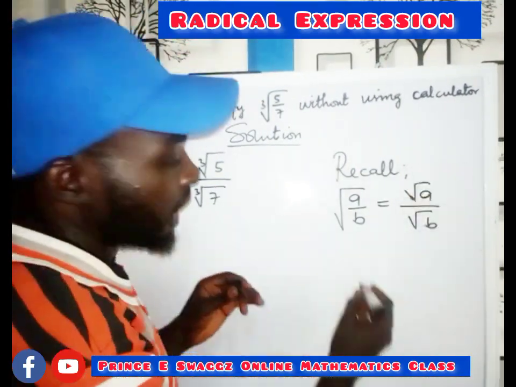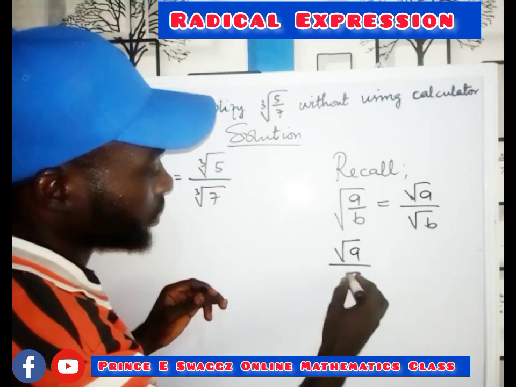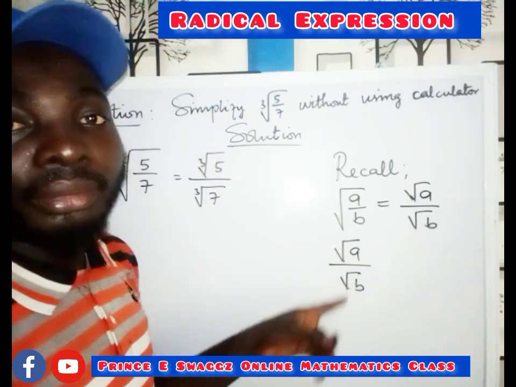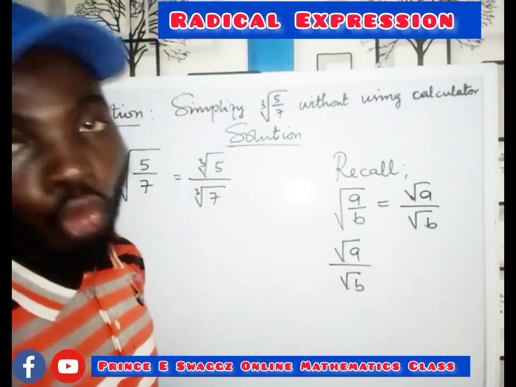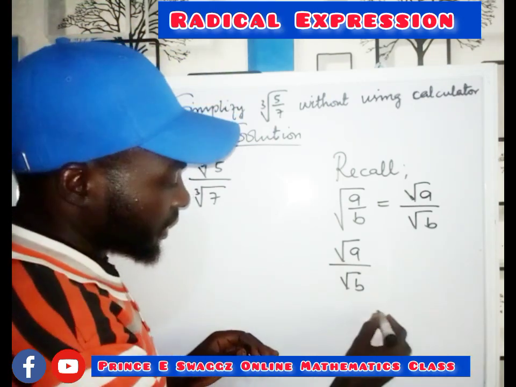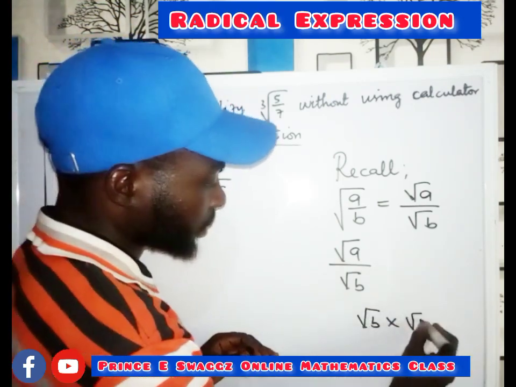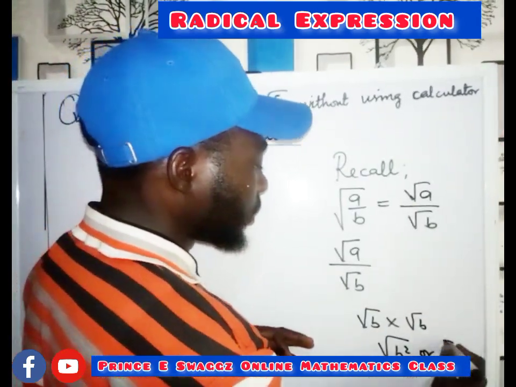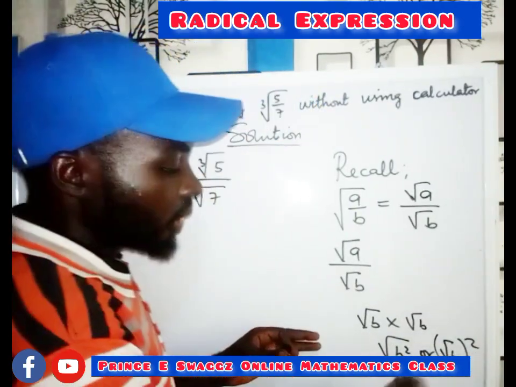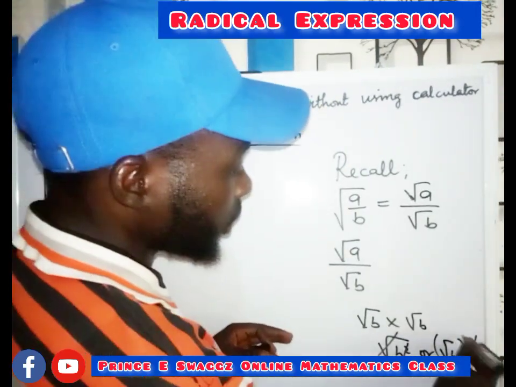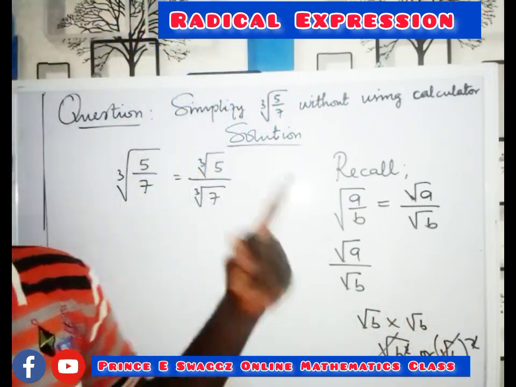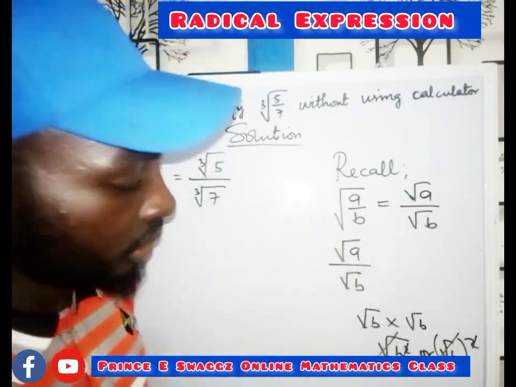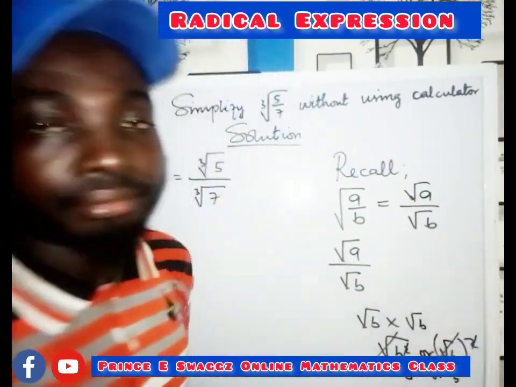Now, if I am to rationalize this, from the explanation, we are looking for what will terminate this root, and that is a square. If you multiply root b times root b, it will give us the square root of b squared, or the square root of b all squared. This square terminates this root. So if you multiply root b twice, we are going to have b as our final answer.